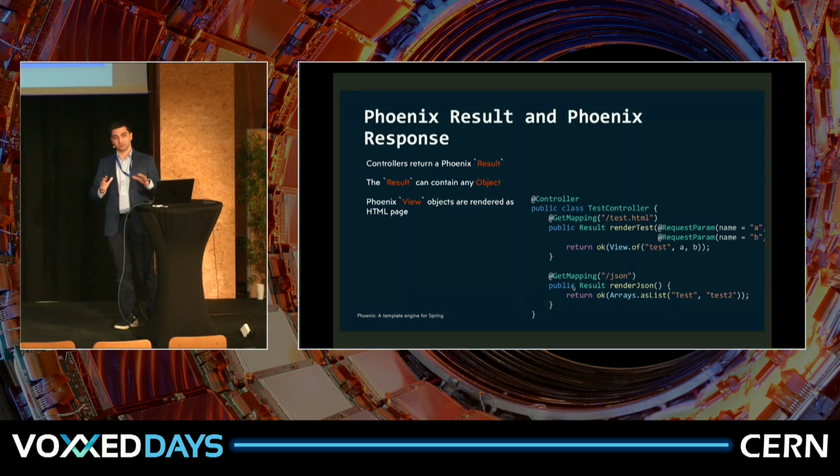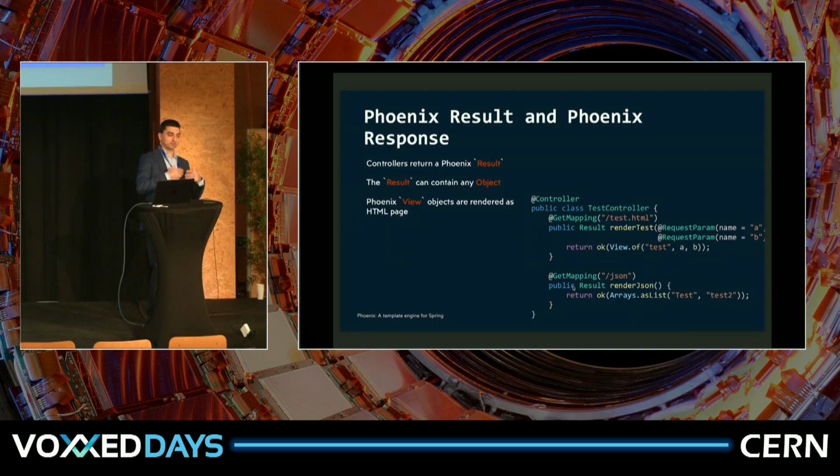But now that you have your template compiled and everything, you need to be able to return the HTML page back to the client. So inside the controller, I added the Phoenix result. The controller can return any Phoenix result at the moment. And what is a result?